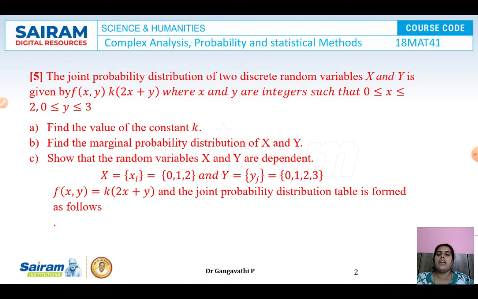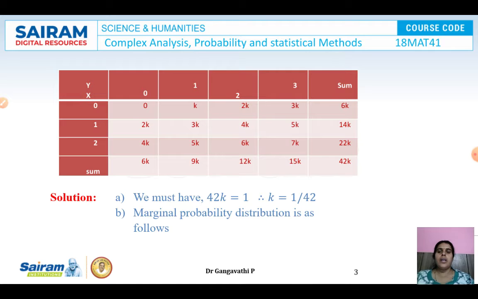So here the problem is given as f of x comma y, a function, where x varies between 0 to 2 and y varies between 0 to 3, and we have to find the constant value k, find the marginal probability distribution, and also show that the random variables x and y are dependent. Okay, so let us first construct the joint distribution table, which will have the values of x and y.